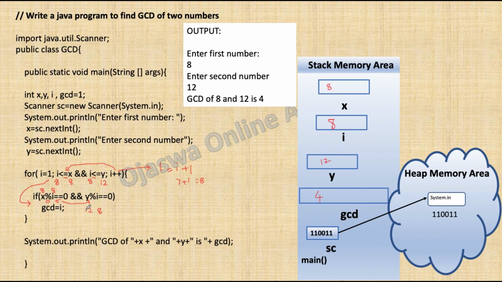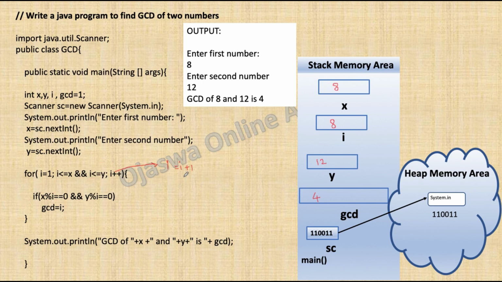Hence this condition becomes false. And when you are using the AND operator, if either one of the conditions is false, the whole condition is false. So in this case, control of the program will not go inside the if block and the value of GCD does not change.